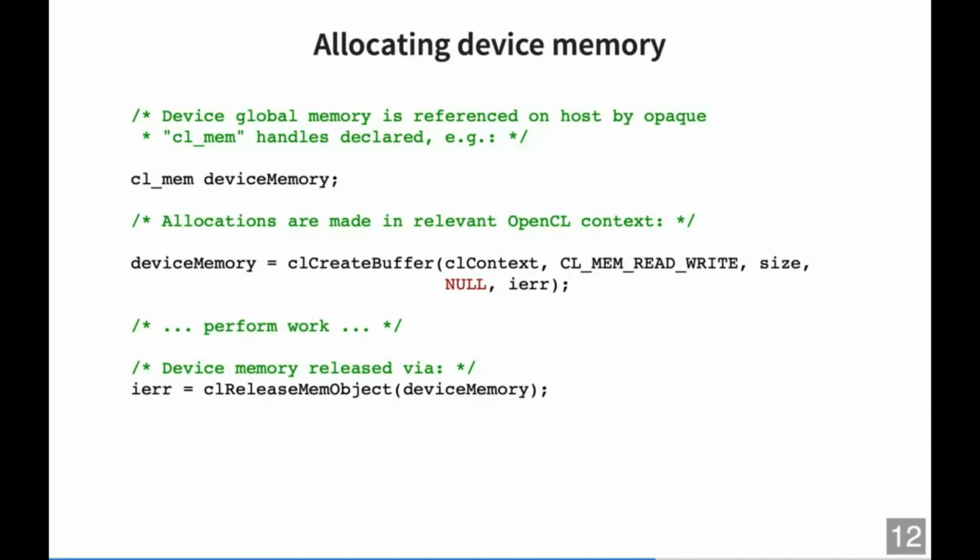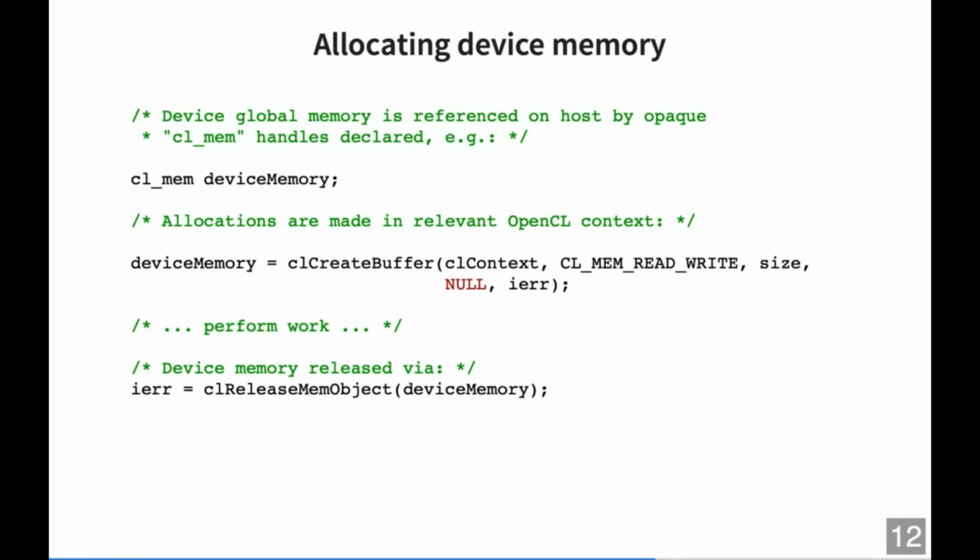So the analog of allocating device memory, whereas in CUDA we were able to declare a standard C pointer and allocate device memory to be associated with that pointer. In OpenCL it's slightly different.